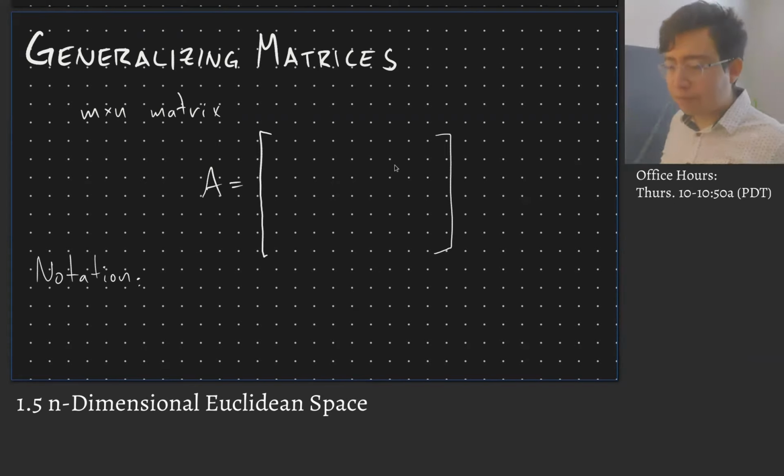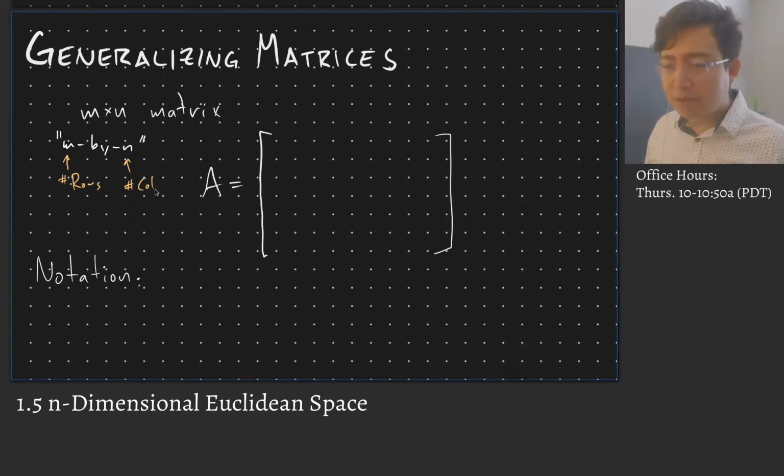So here I have a big empty matrix, and the way we read this is an M by N matrix. The way I remember what these letters mean is that the row always comes first. This is the number of rows, and then this is the number of columns.